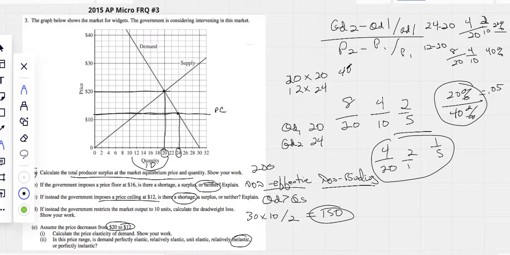So that's 400, 12 times 24. Oh my goodness, I can't do that in my head. 2 times 4 is 8, 2 times 2 is 4, put your 0, 1 times 4, 1 times 2 is 2, 8, 8, 2, 288.